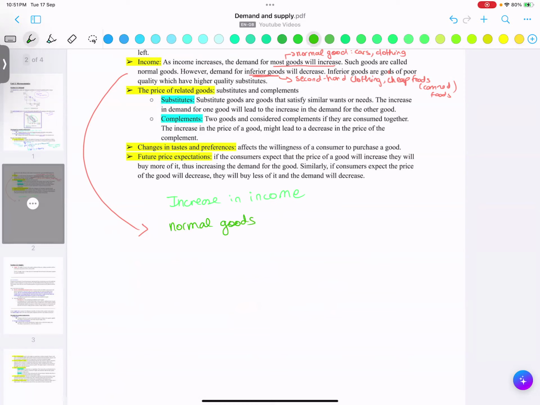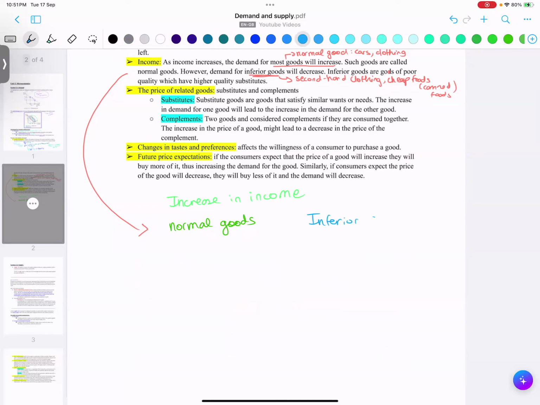Normal goods is here. Then inferior goods is actually here. Let's see. Okay, so for the normal goods, and now for the inferior goods.